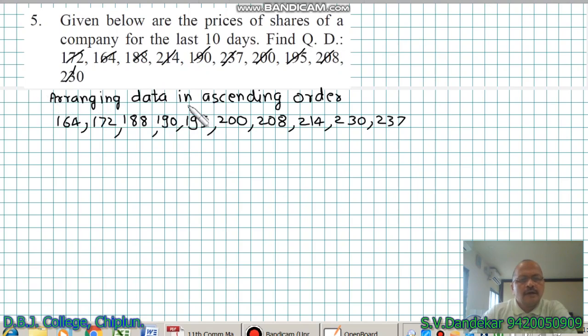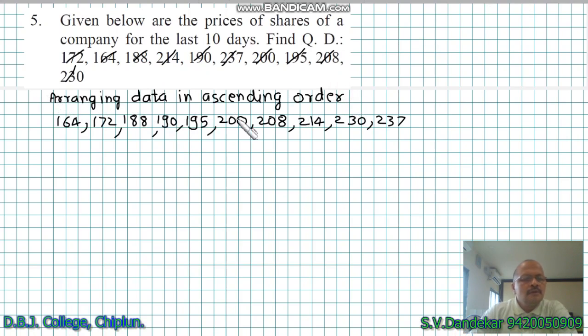The data is arranged in ascending order of their values. Now n is equal to 10.